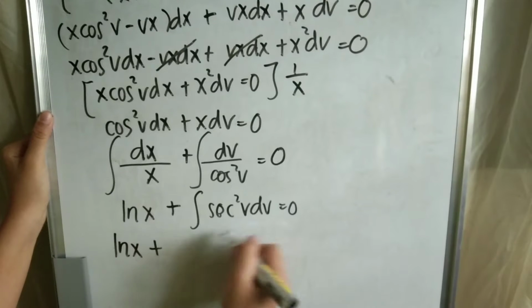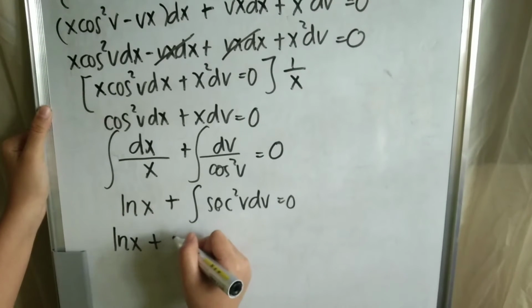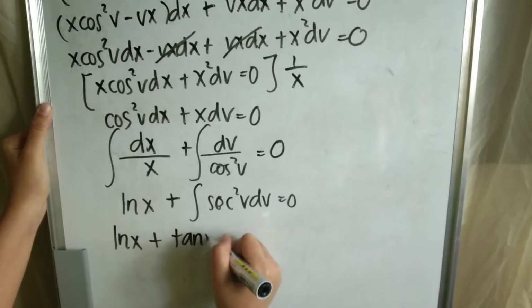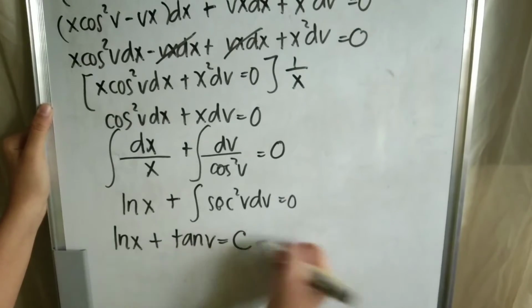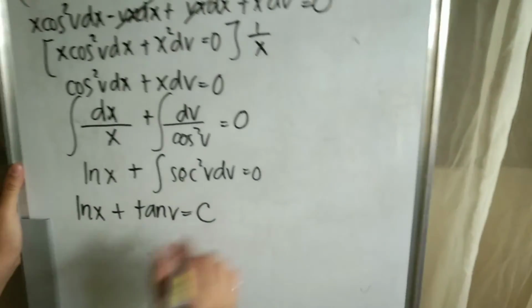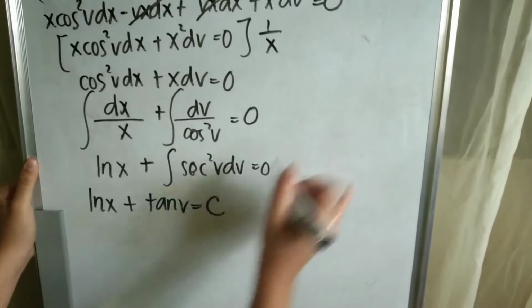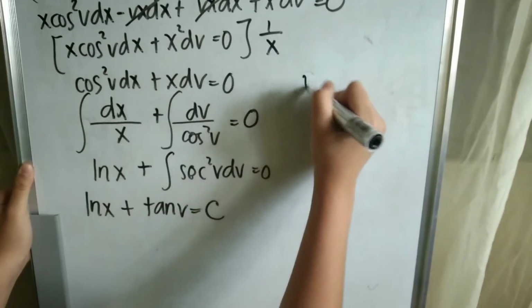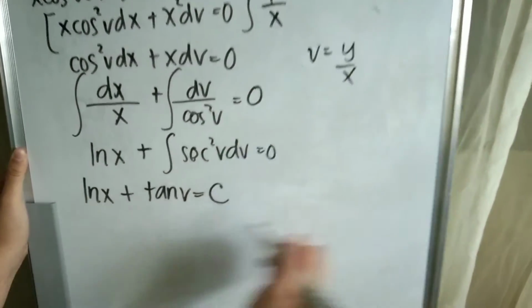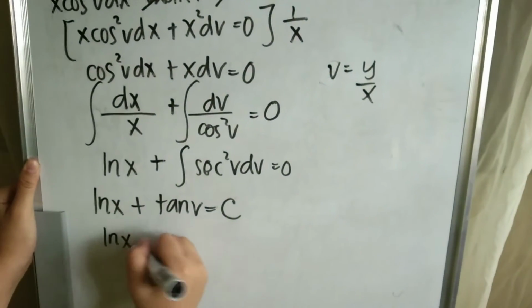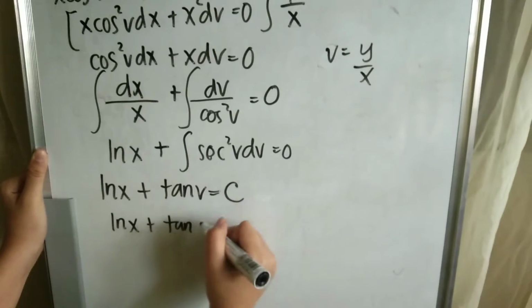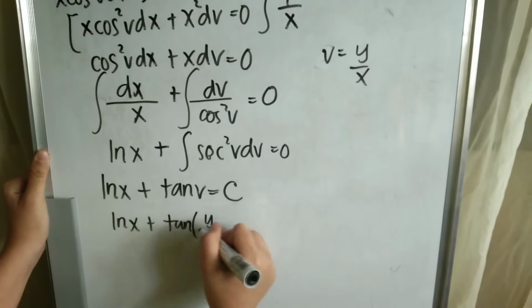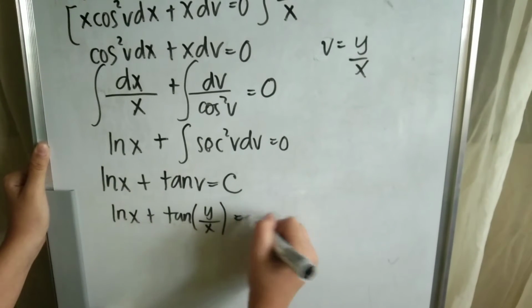Copy ln x, and the integral of sec squared v is tan v equals c. And then substitute the value of v, which is v equals y over x. So ln x plus tan of y over x equals c.